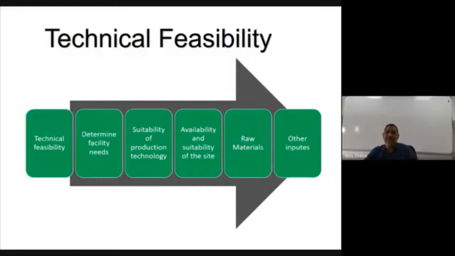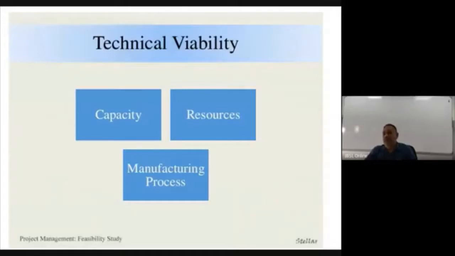Then what are the other inputs? Okay. So technical feasibility includes three components. One is capacity: what's the machine capacity, production capacity? Then what are the resources needed to meet that capacity? What is the manufacturing process?